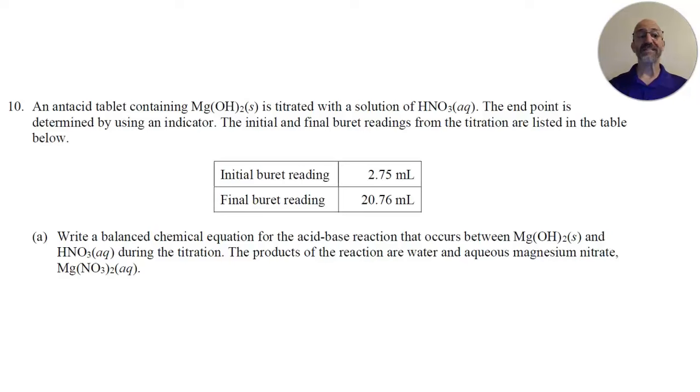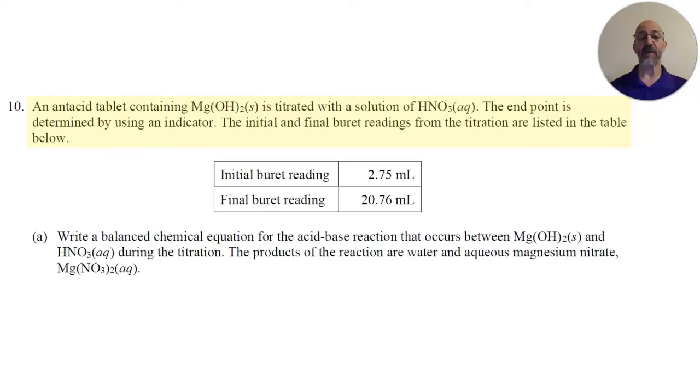All right, so question 10 starts by telling us information about an antacid tablet. It says, an antacid tablet containing solid magnesium hydroxide, that's Mg(OH)2, which by the way is going to be present in the flask, is titrated with a solution of nitric acid, which has the chemical formula HNO3.